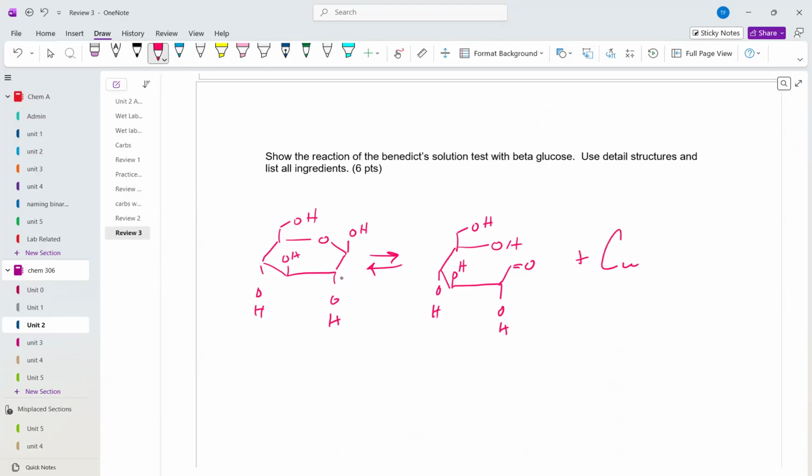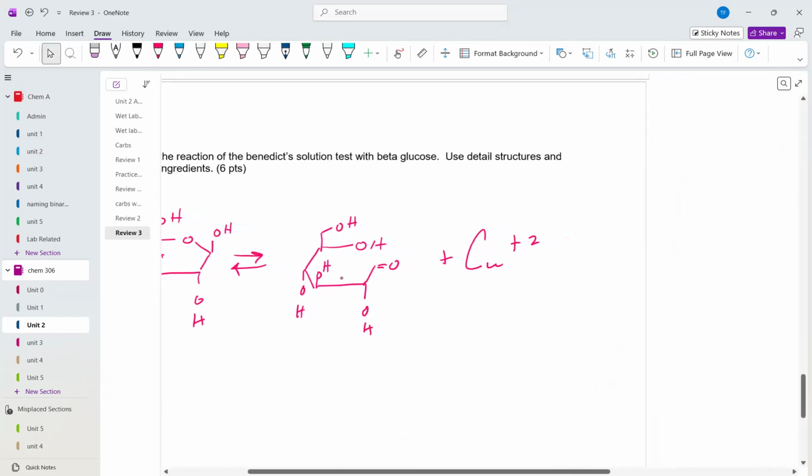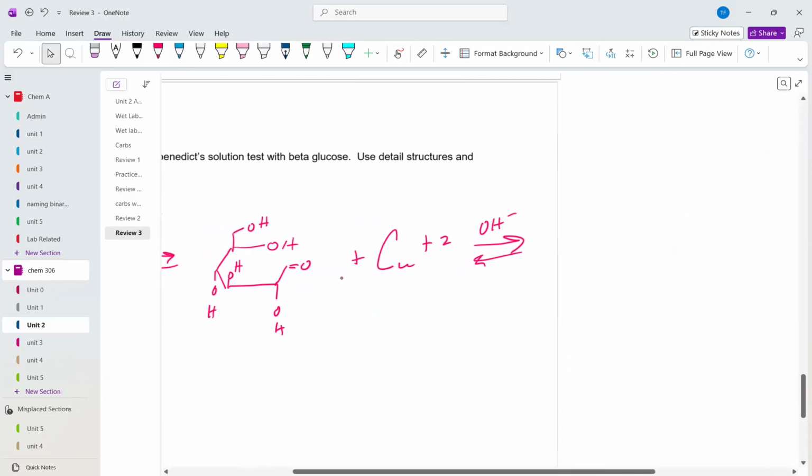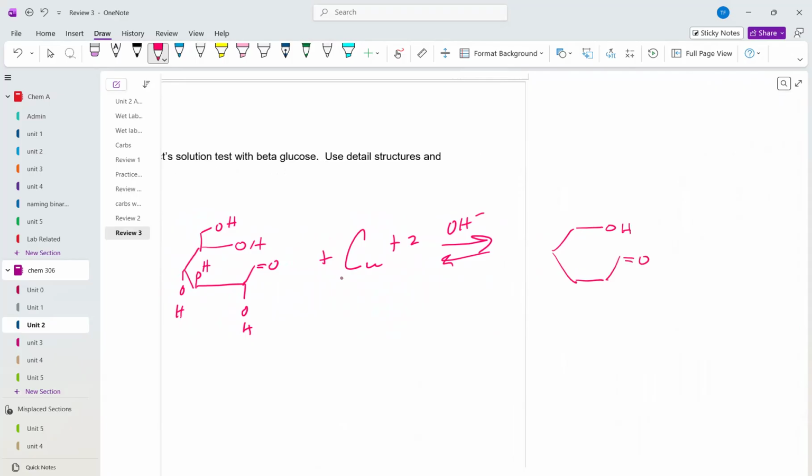I'm going to throw in copper nitrate, which is a +2 charge. And it's going to be in an alkaline or basic environment. So the glucose becomes oxidized now, to the acid salt.